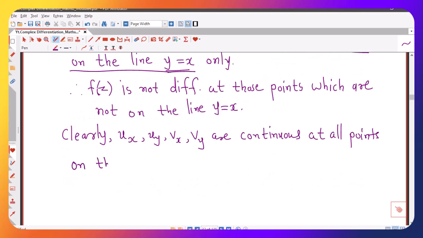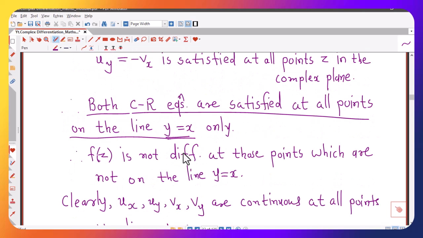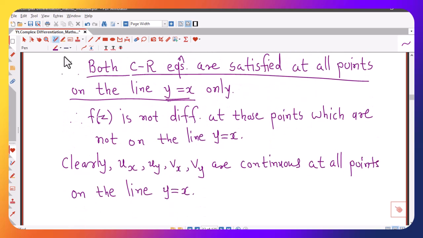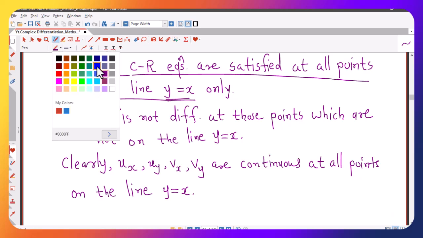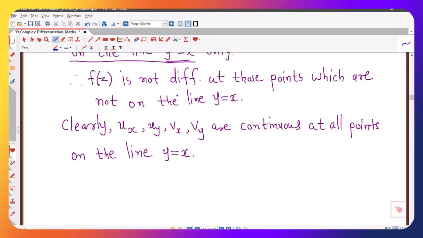They are continuous everywhere, but here we require continuity at points on the line y equal to x. So we can say that the Cauchy-Riemann equations are satisfied at all points on the line y equal to x, and all these functions are continuous at all points on the line y equal to x.